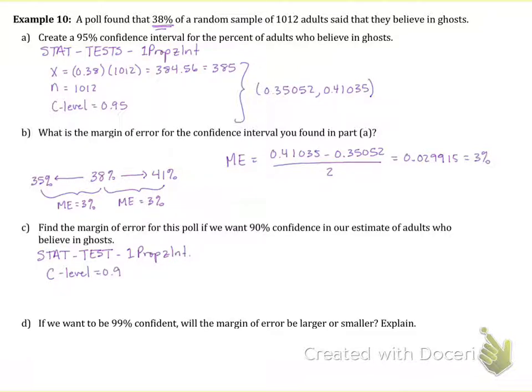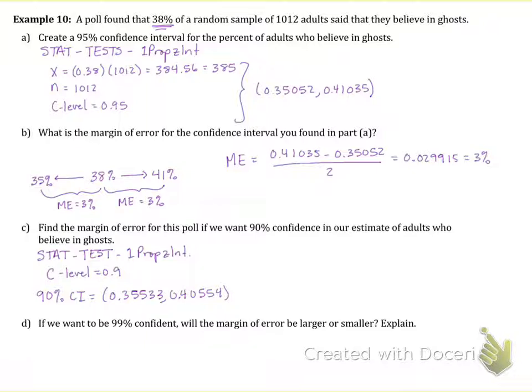And you will get a confidence interval of 0.35533 and 0.40554. So we're 90% confident that the true proportion of adults that believe in ghosts is between 35.5% and 40.5%.